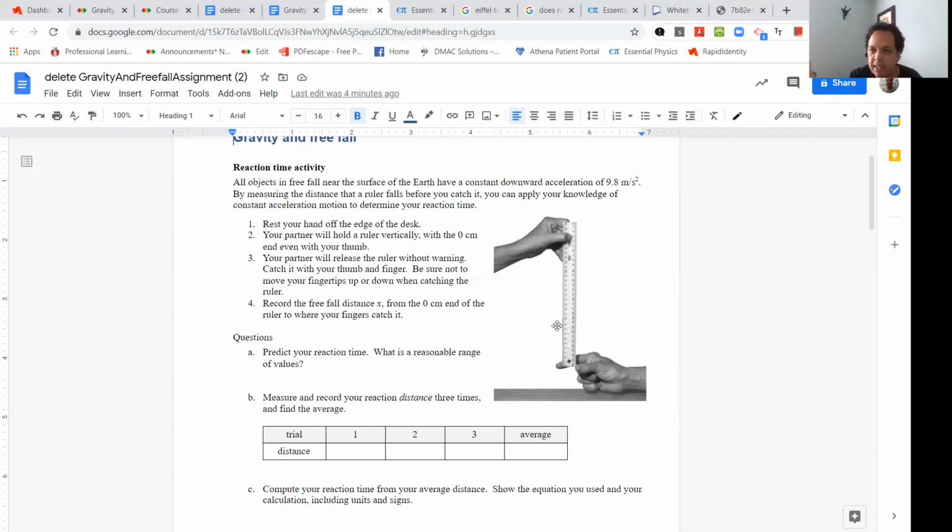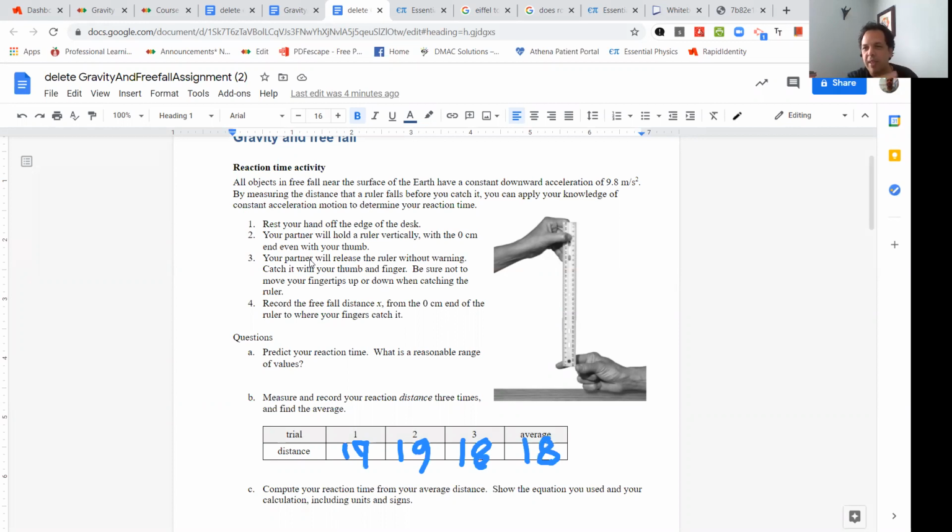So I got like 17 centimeters. Make sure you're using centimeters. Let's say I got 17, then 19, and then 18. If you take the average of that, you're going to get 18 centimeters.